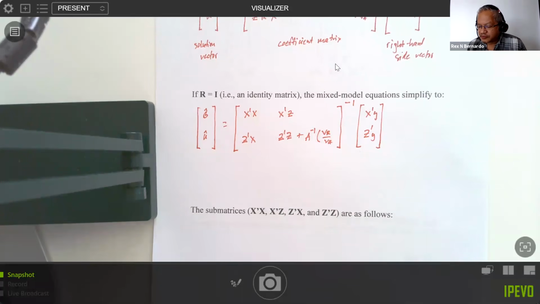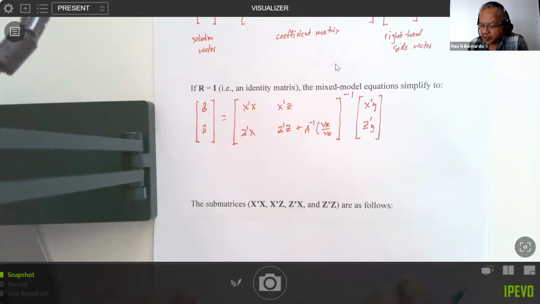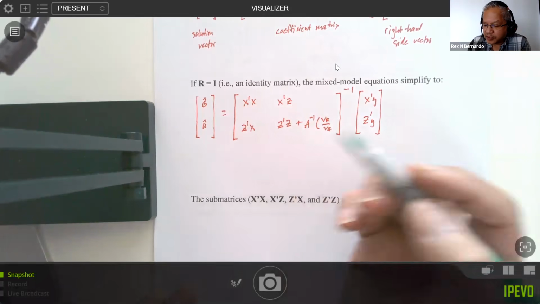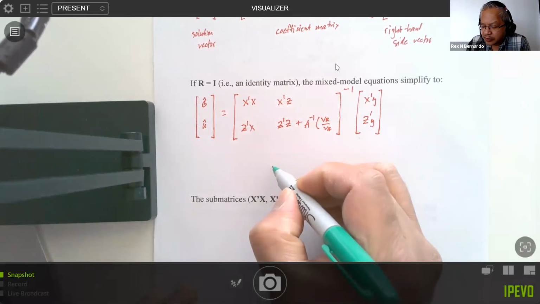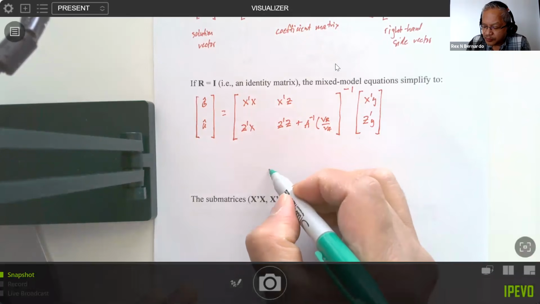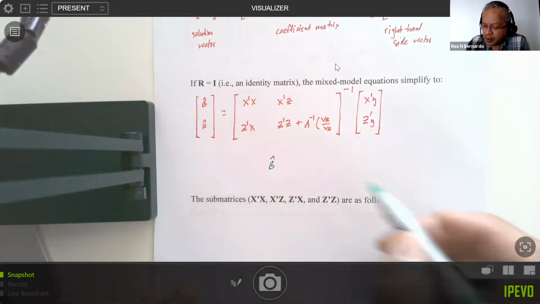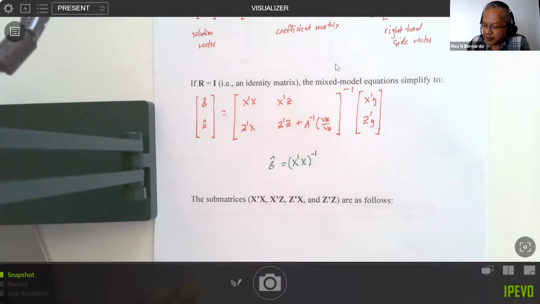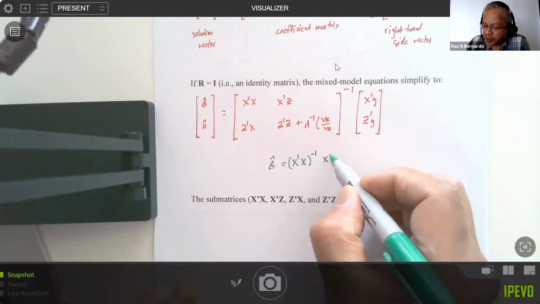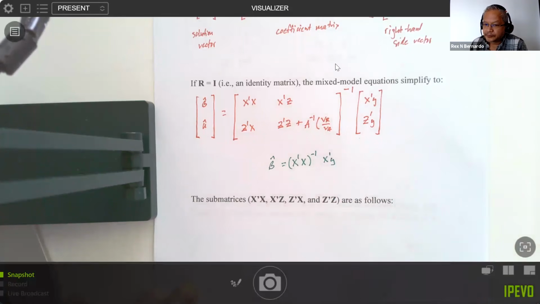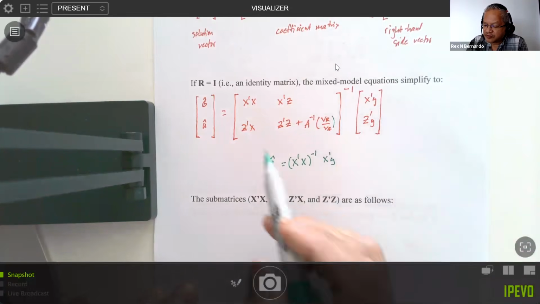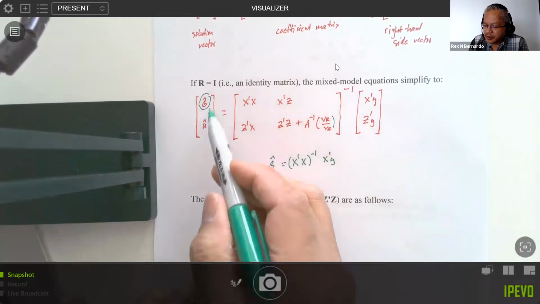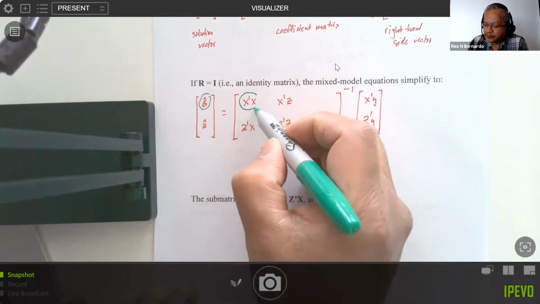All right, so just a little segue. If you're familiar with multiple linear regression, in matrix notation, your regression coefficients B are equal to X prime X. You take the inverse of that and you multiply it by X prime Y. And so you see strong foundations here with multiple regression because I have my beta here, and then I have my X prime X here.